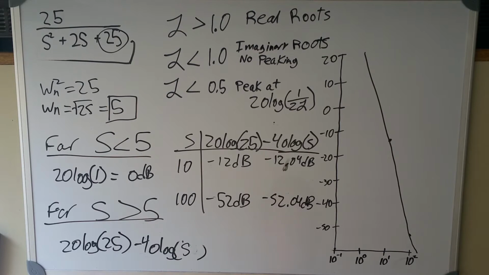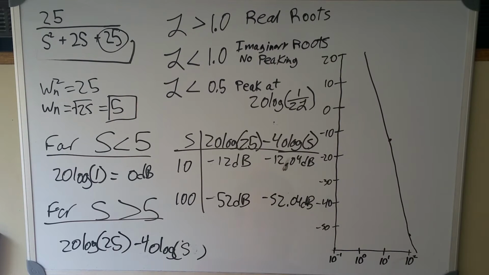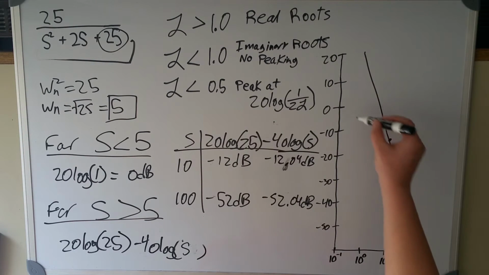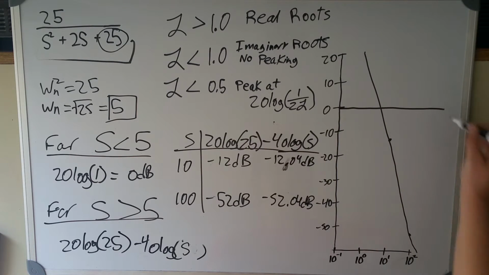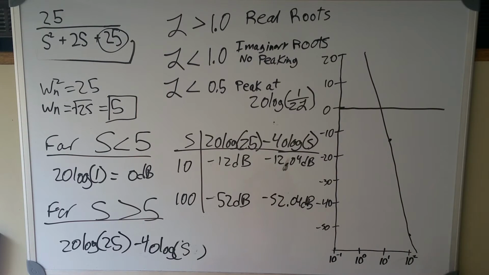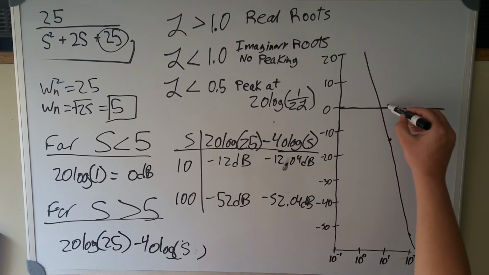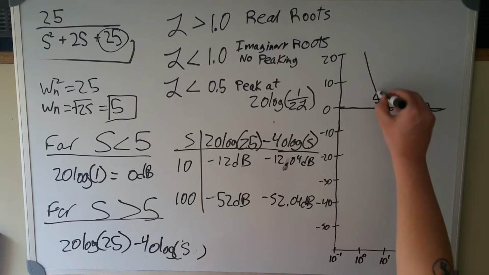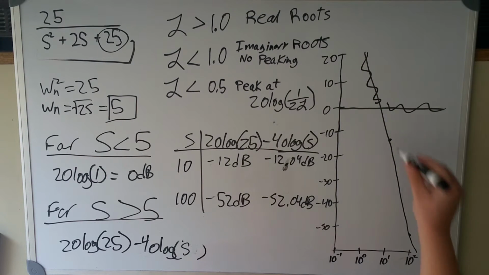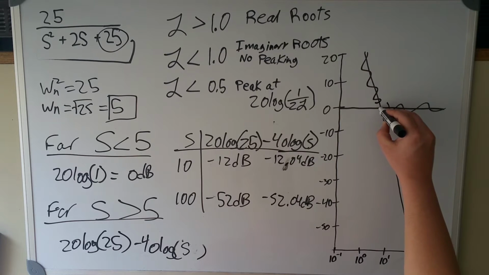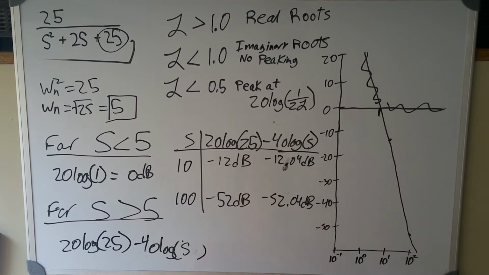And then we know that there's a constant line at 0 for s less than 5. So we just draw that across. It's a straight line approximation, so these overlapping bits can just be canceled out. Those, and this would be the break.